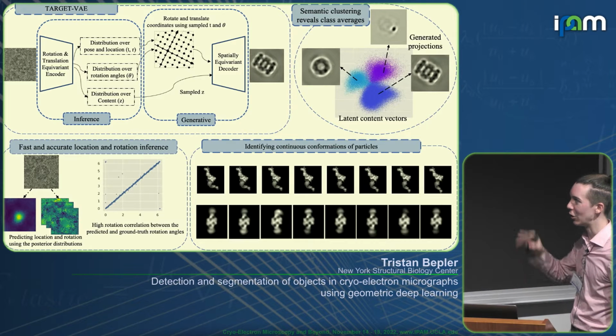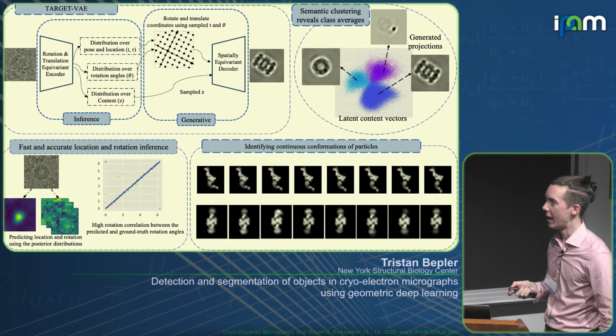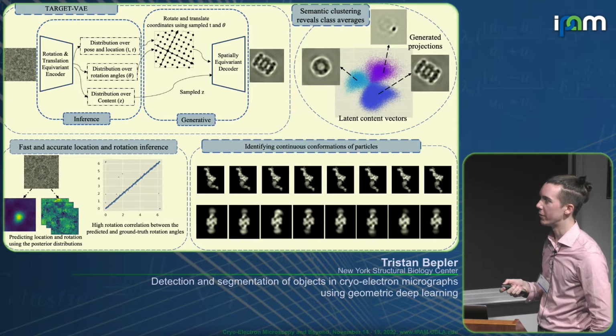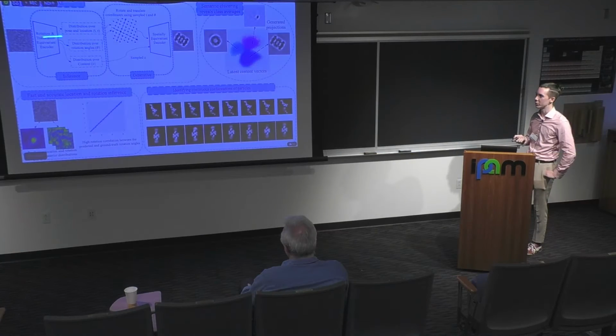As a big picture overview, we have a framework that allows us to do completely unsupervised learning, where we take a pile of images that contain objects with some unknown rotation and orientation. We have an encoder that does inference on all of those properties, plus what actually is in the image.